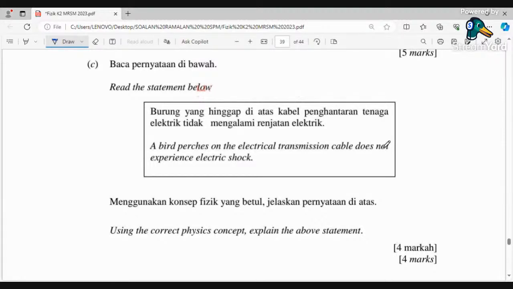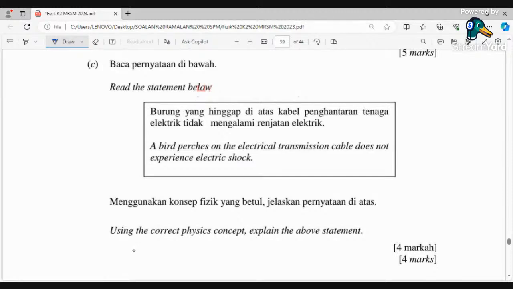Because if you look at the separation between the legs of the bird, it is very small. It means the distance between the 2 points is very short. We can say that the length of the wire touched by the bird's feet is very short.